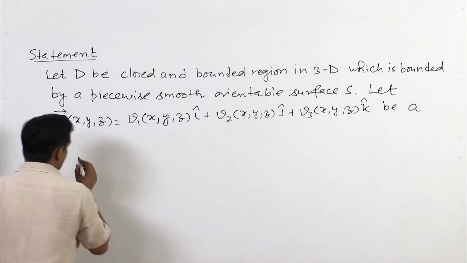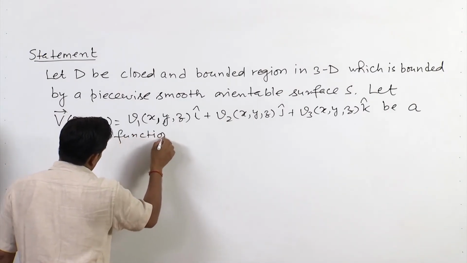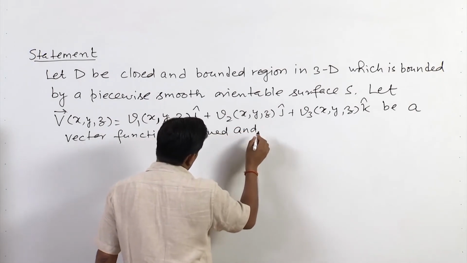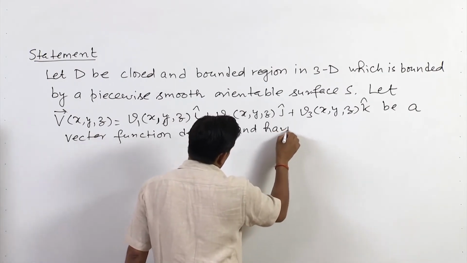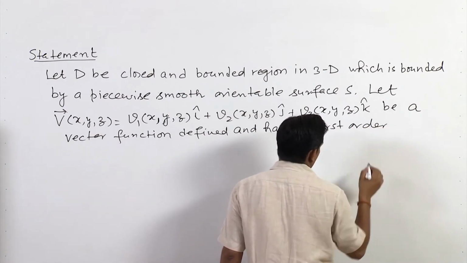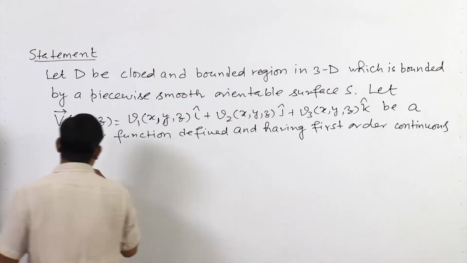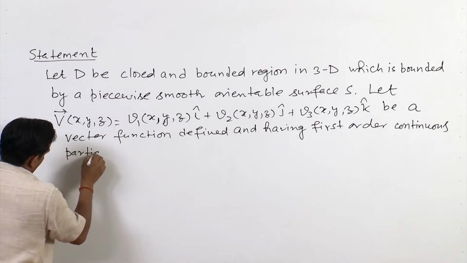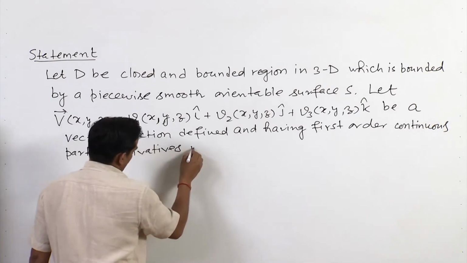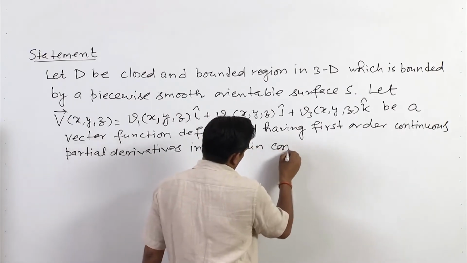So, this V is a vector function defined and having first order continuous partial derivatives in a domain containing D.